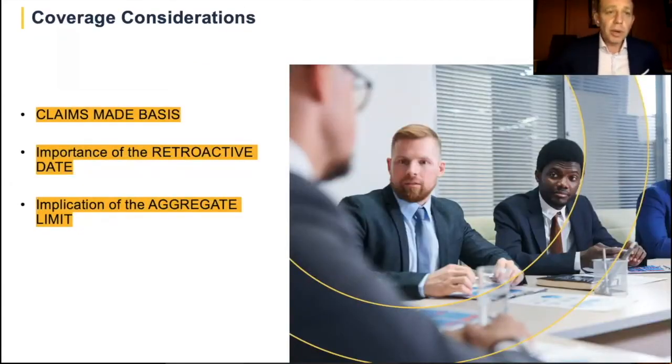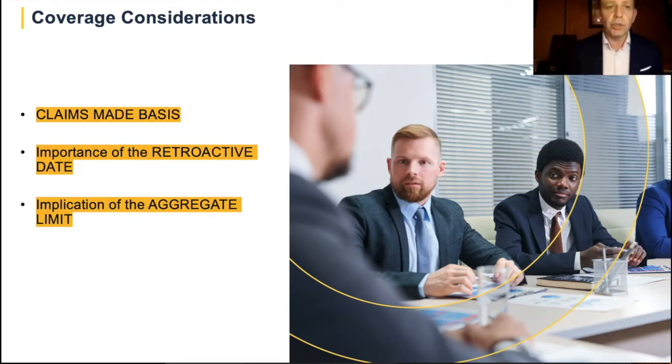These policies are written on a claims made basis, so the claim must be made, the incident that gives rise to the claim must have occurred during the policy period after the retroactive date, and the claim must be submitted during the policy period as well. So it's very important that the retroactive date is set correctly.